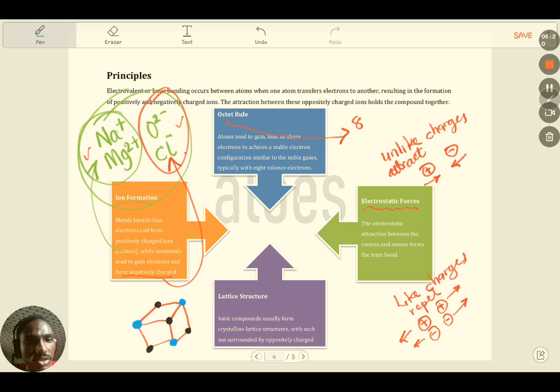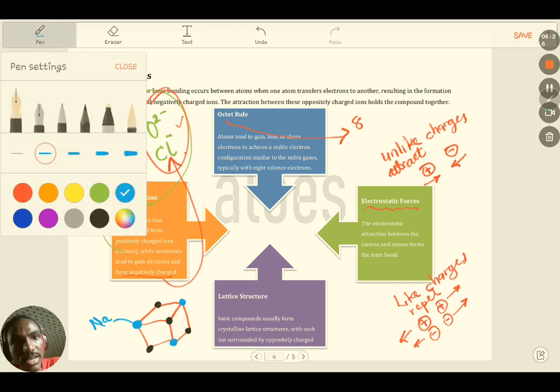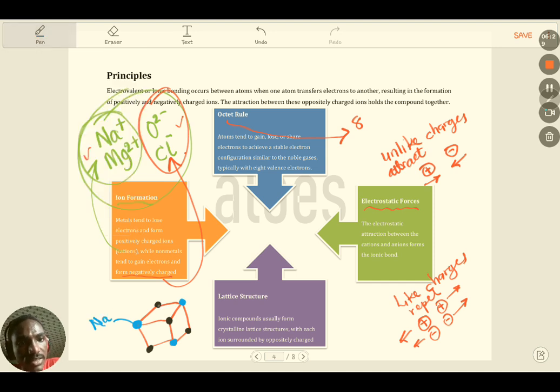The combination of two different atoms. So I can say if this one represents, let's say, the sodium atom, and this black one represents, let's say, the chlorine atom. So this is the crystal lattice that helps in the formation of that particular electrovalent or ionic compound. So let's move on to the next slide.